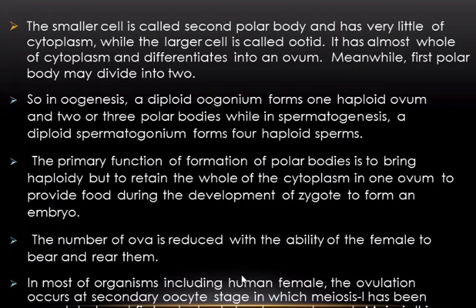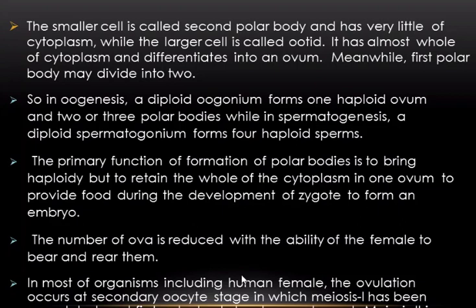The primary function of the formation of polar bodies is to bring haploidy but to retain the whole of the cytoplasm in one ovum to provide food during the development of the zygote to form an embryo. The number of ova is reduced with the ability of the female to bear and rear them.